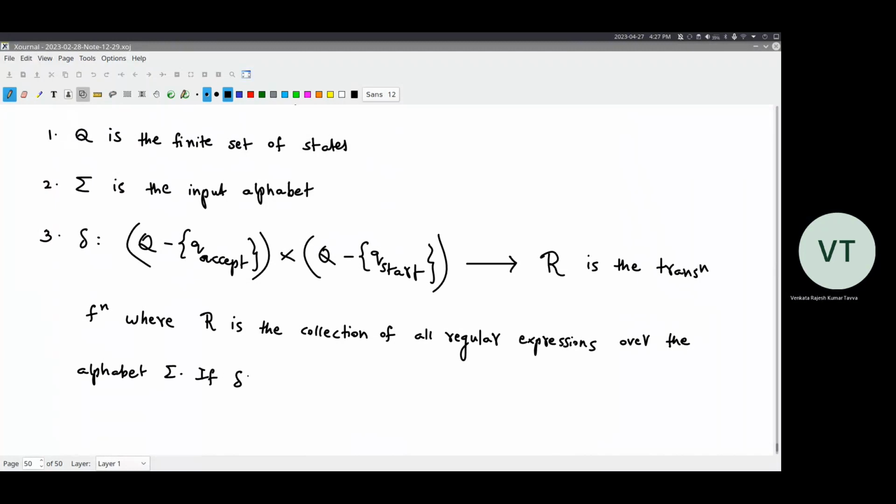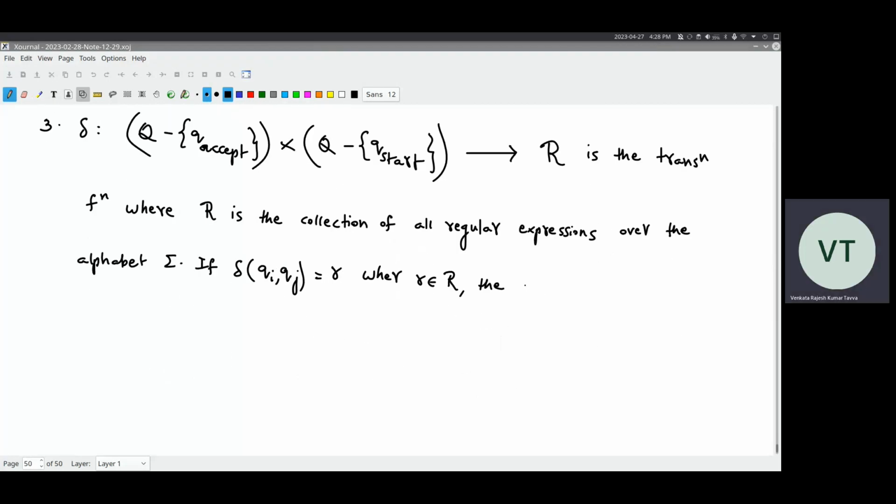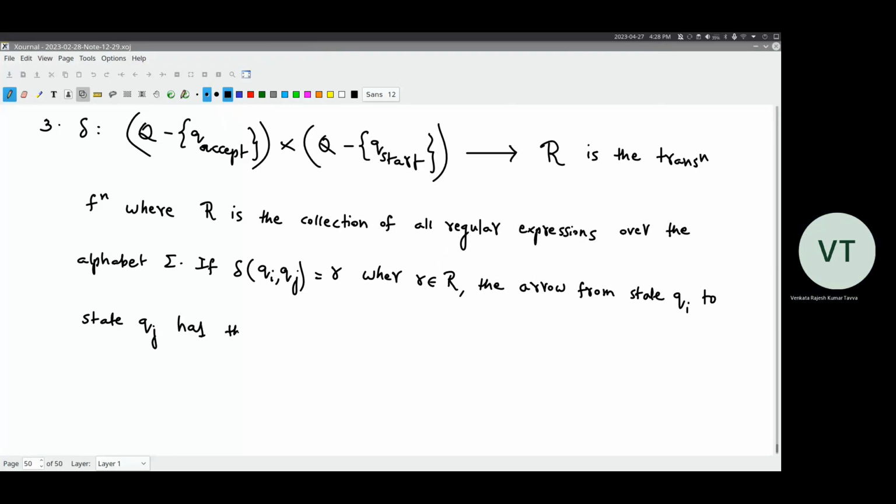If delta of qi comma qj equals R, where R belongs to R, the arrow from state qi to state qj has the regular expression R as its label.